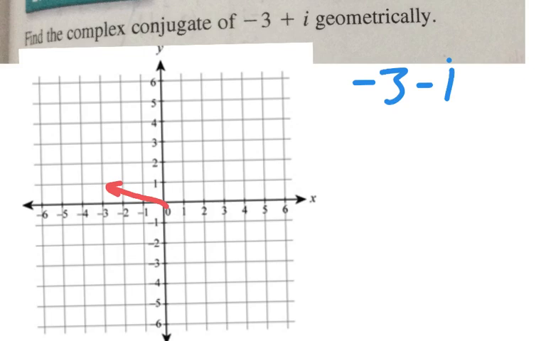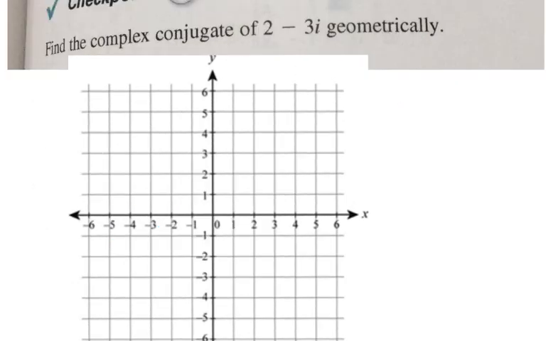And that conjugate would look like this. So left or right doesn't change. Right? The only thing that changes is the vertical component. So what does this look like? A reflection over the x-axis, because we're changing the sign of the y component.